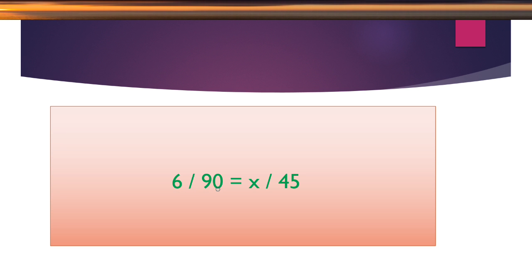So 6 over 90 equals X over 45. The first ratio is for the real heights of the man and the pole in order, and the second ratio is for the shadow lengths of the man first, then the pole in order.